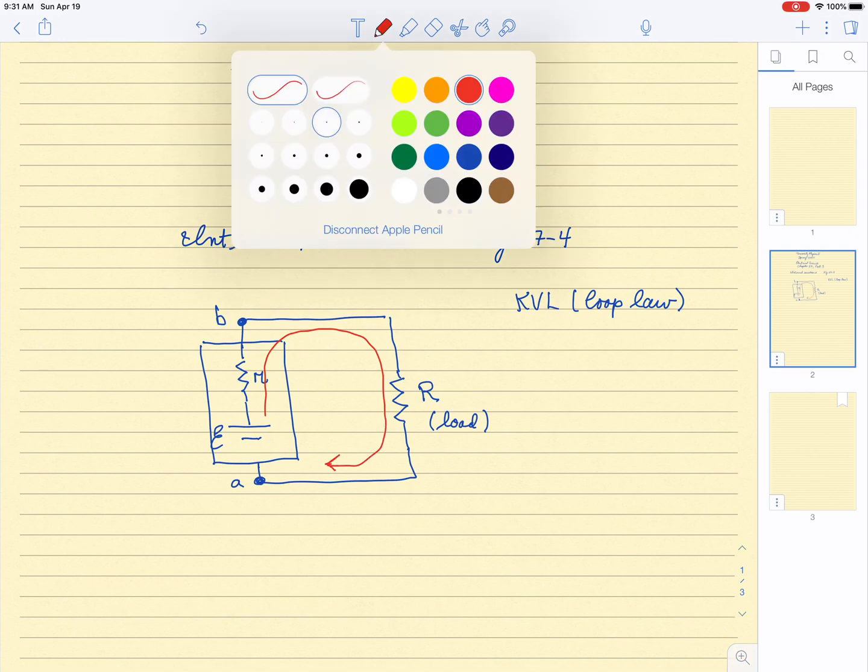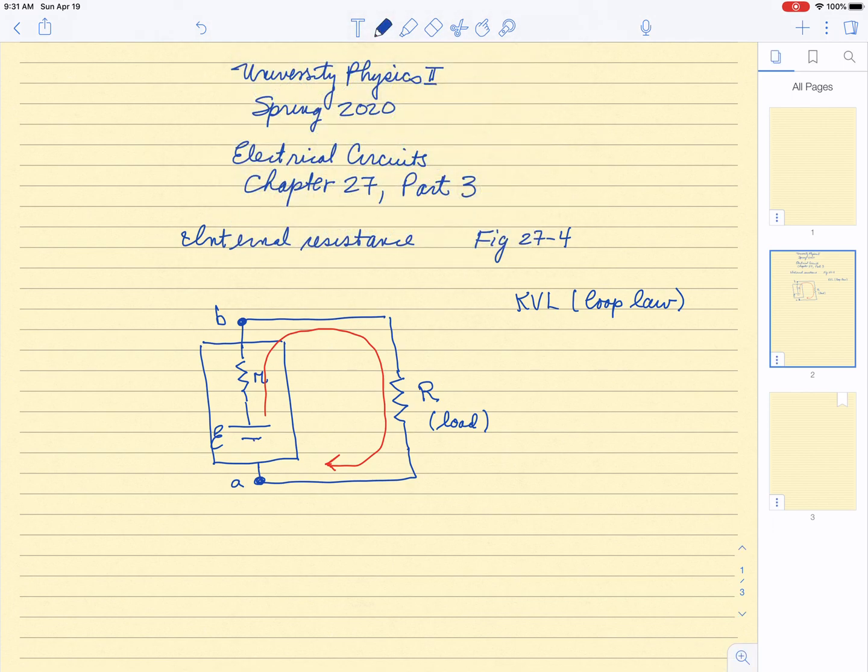If we start on the low potential side of the EMF, then as charges move across to the positive side, we're going to have a voltage gain of script E, and remember, we're going to have an established current.